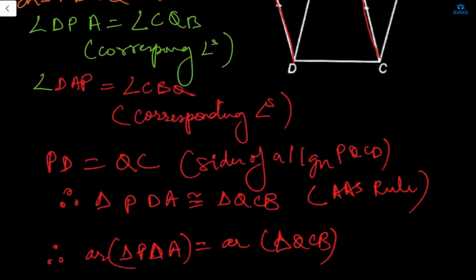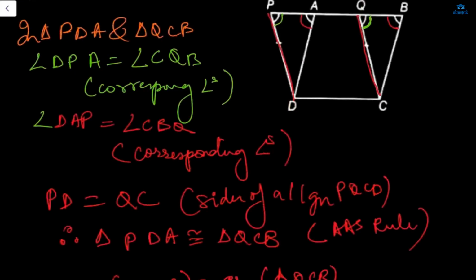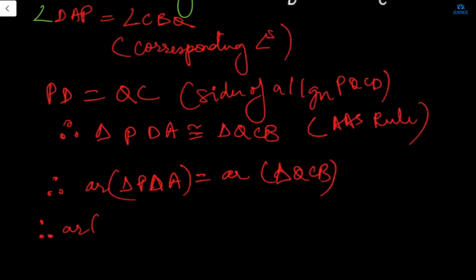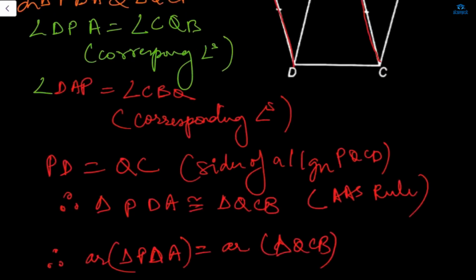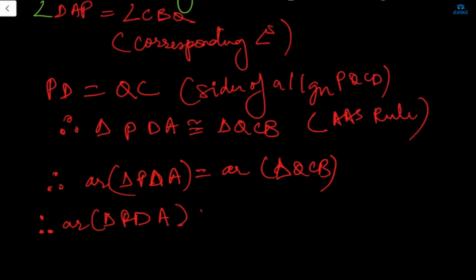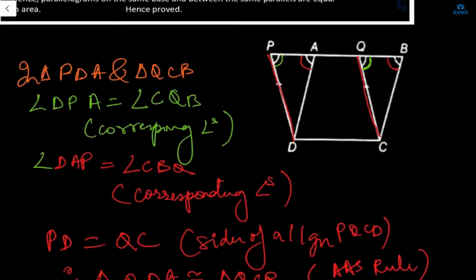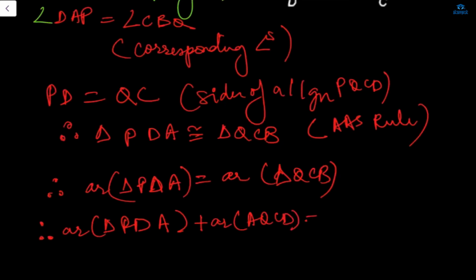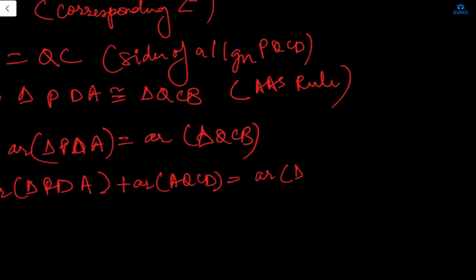So I am going to add the area of the trapezium AQCD on both sides. Area of triangle PDA plus area of trapezium AQCD is equal to area of triangle QCB plus area of trapezium AQCD.